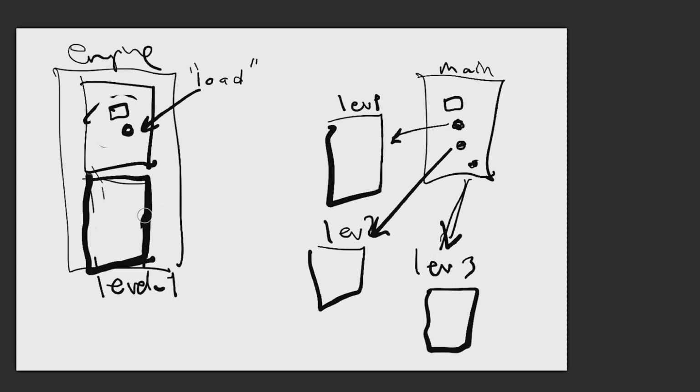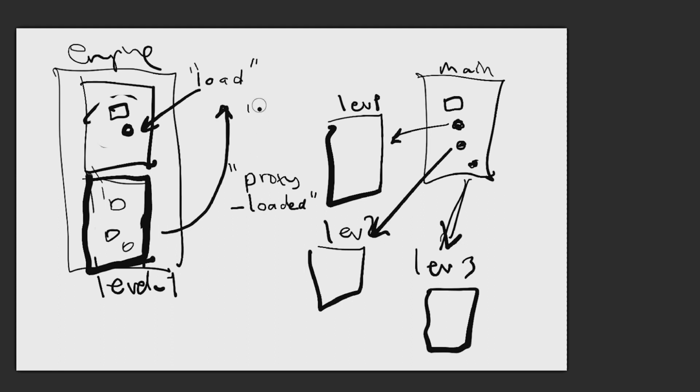So all the game objects are going to be there, but we won't see that yet. When this is done, we get the message back here, saying okay, we're done, proxy is loaded. We get the proxy loaded message back, and then we can react to that message by sending the init and enable.